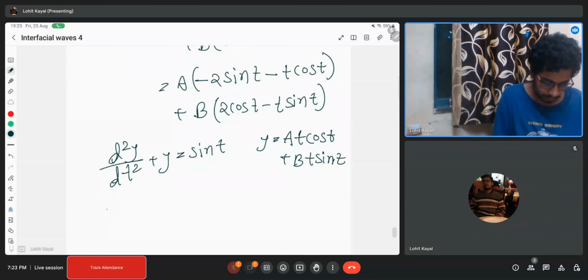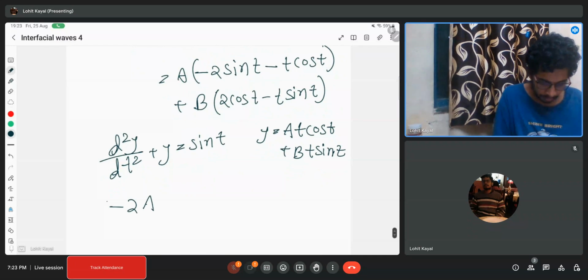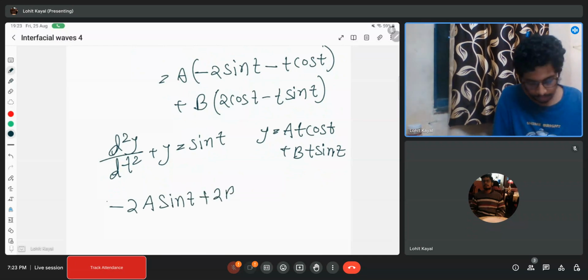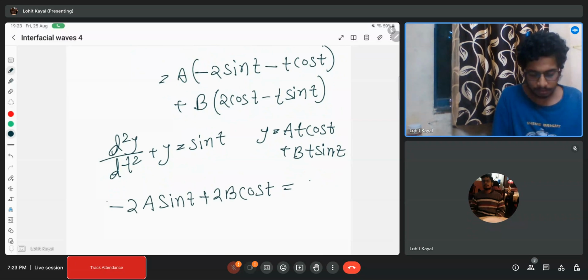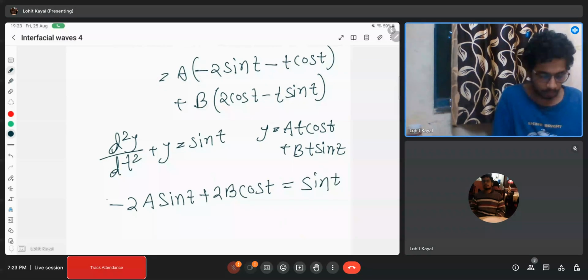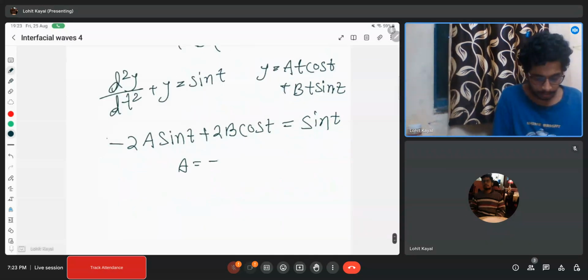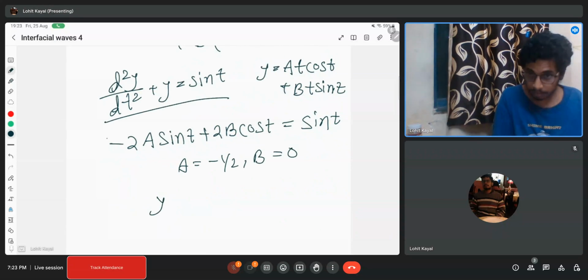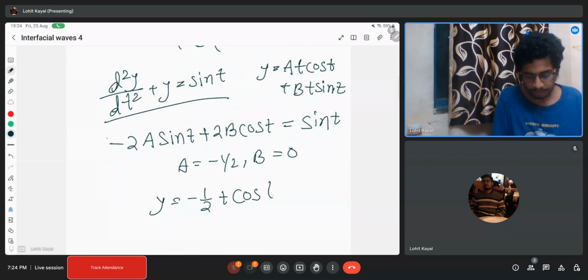If you do it, you will finally get minus 2a sine t plus 2b cos t, other things will get cancelled, equal to sine of t. If you do the comparison, you will get a equal to minus half and b equal to 0. So the particular integral solution is equal to minus half t cosine of t.